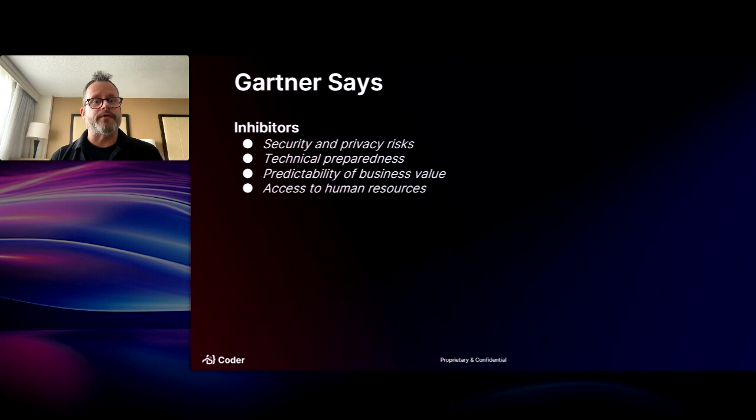So what does Gartner say about the problems that people see when deploying GPUs? The inhibitors: security and privacy risks. They are worried about using public AI and language models and publicly available plugins and things like that. They want to maybe move it in-house, or even run it completely offline. If they're developing something, they can block it off from the world; they don't want anybody seeing what they're doing, and you can do that as well, right?